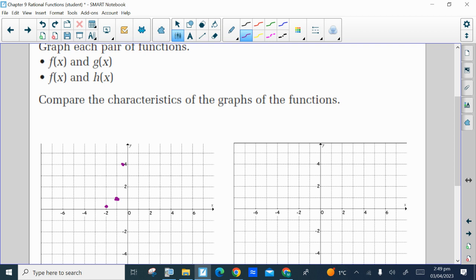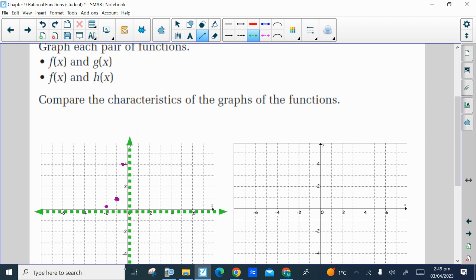Again, the x-axis is an asymptote because y can never equal 0. A rational function only equals 0 when the top is 0, and the top is a constant. The top is a constant, it's positive 1.